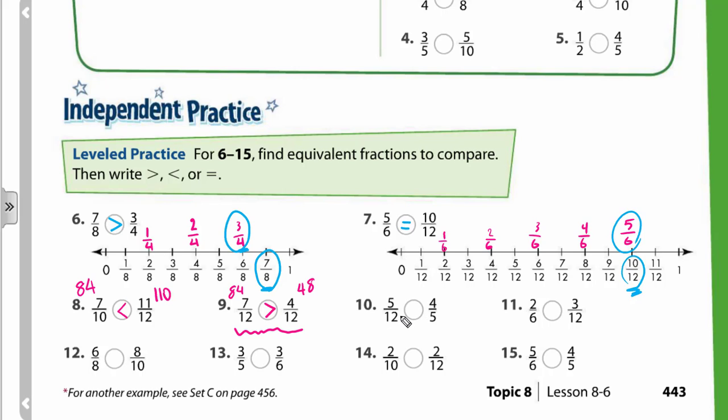12 multiply 5. Which 12, which 5? This 12? Equals 60. Okay, wait. Which 12? This one? Yes. You should take it to the other numerator. 4. Okay, so 12 multiplied by 4 equals 48.